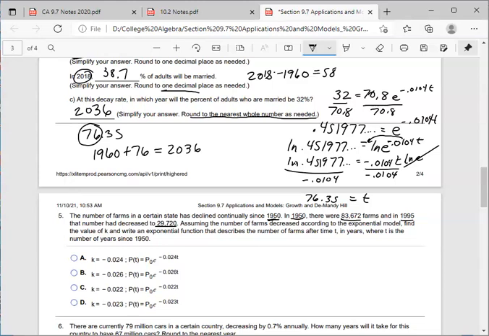Assuming that the number of farms decreased according to the exponential model, find the value of K and write an exponential function that describes the number of farms after time T, where T is the number of years since 1950. So basically, we know that in 1950, we had 83,672 farms. By 1995, we are down to 29,720 farms.